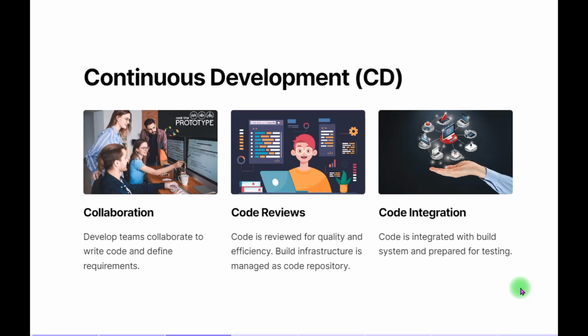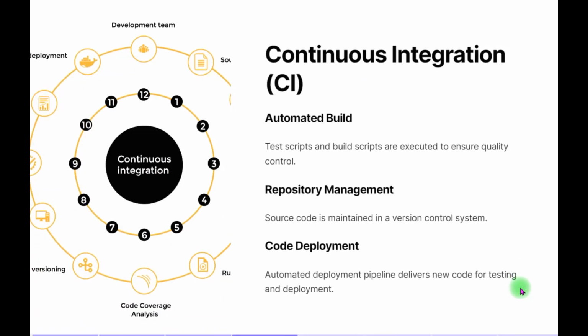Let's talk about the next phase. The next phase is continuous integration. In simple terms, this stage is the core of the entire DevOps lifecycle. It is a practice in which developers commit changes to the source code more frequently, either on a daily or weekly basis.